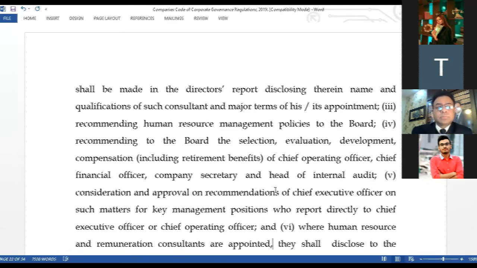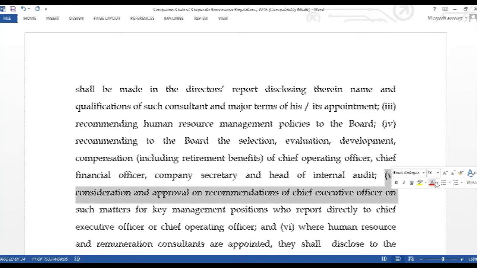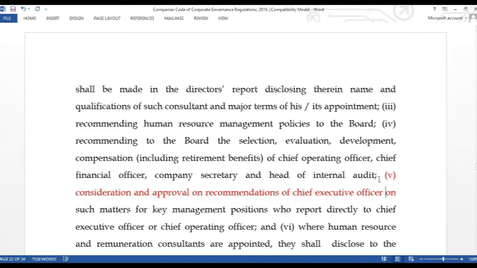Number three, recommending HR management policies to the board. Number four, recommending to the board the selection, evaluation, development, compensation, including retirement benefits of Chief Operating Officer, Chief Financial Officer, Company Secretary, and Head of Internal Audit.